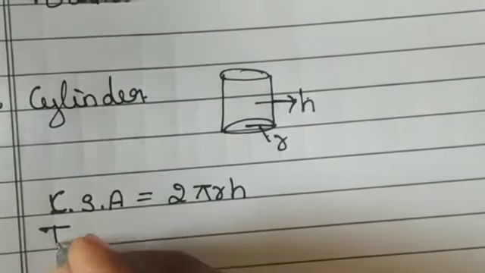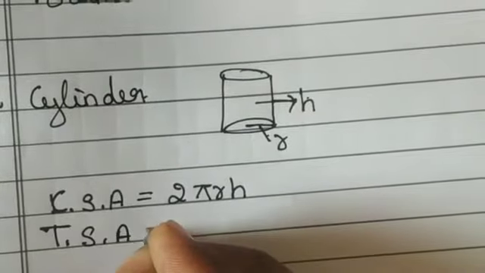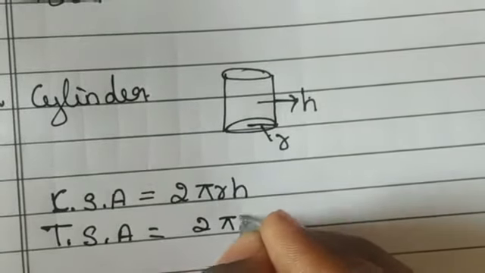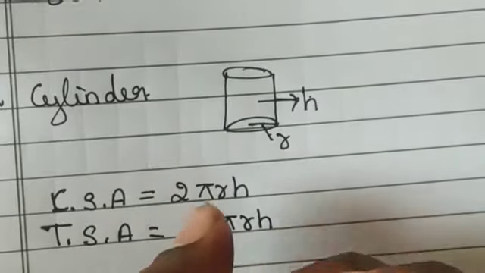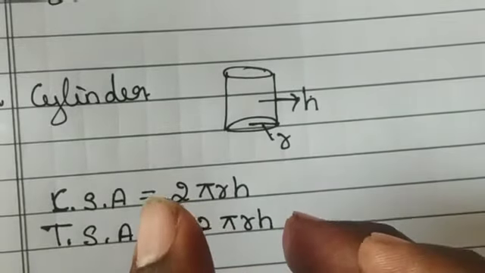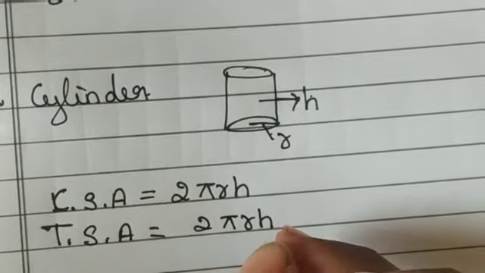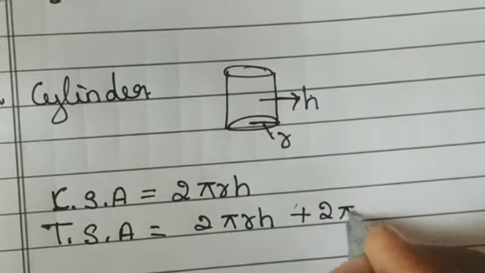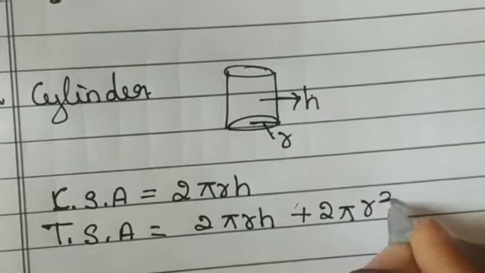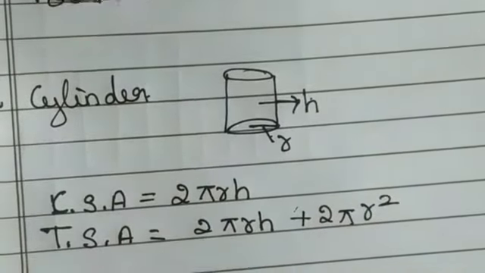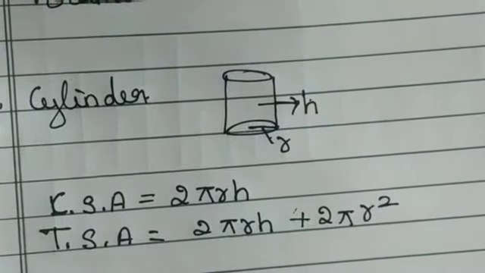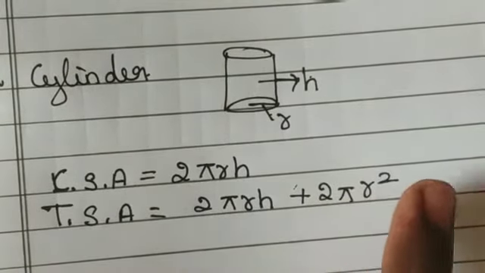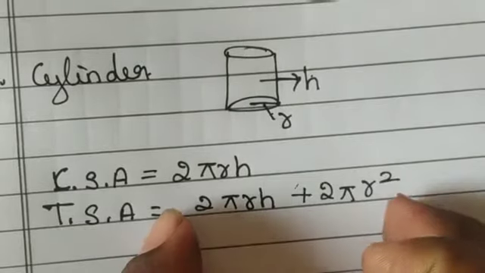Then the formula to find the total surface area is the same 2 pi rh, which we wrote for the curved surface area, plus 2 pi r square. We are finding the total, which means all the surfaces, so we will write plus 2 pi r square. This is our formula.